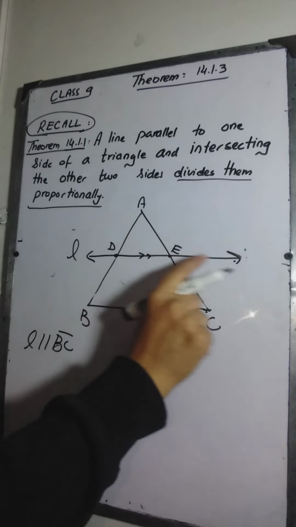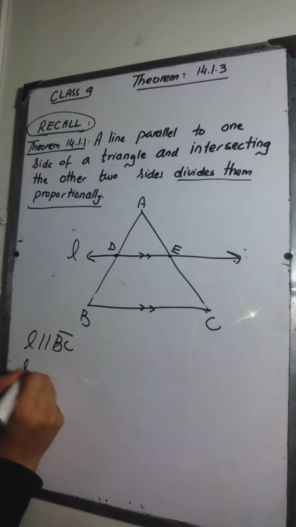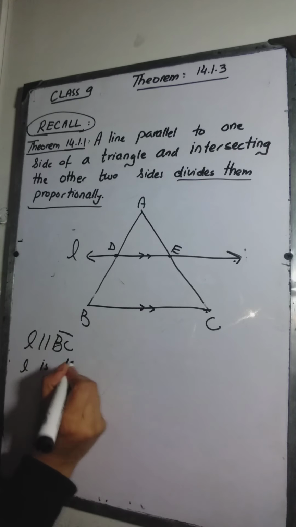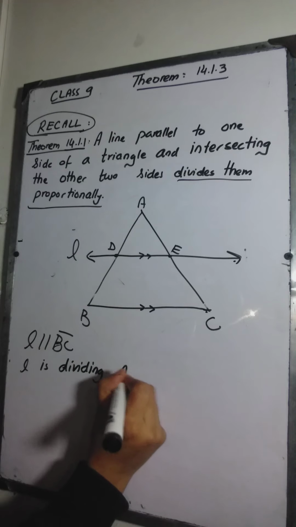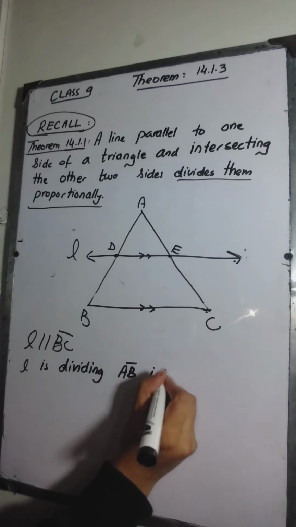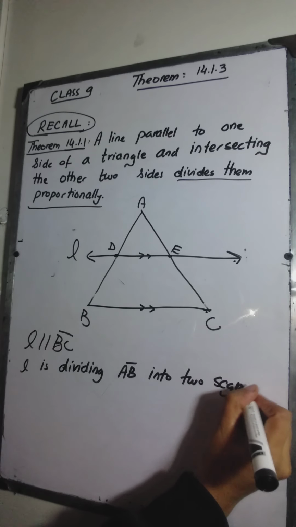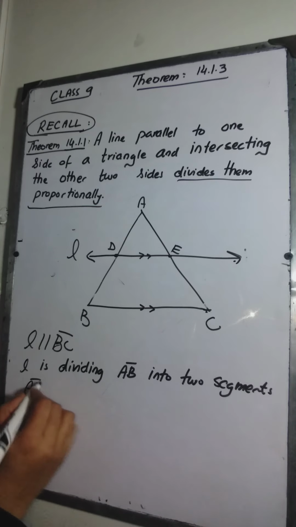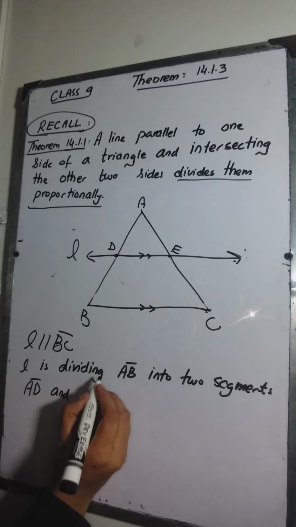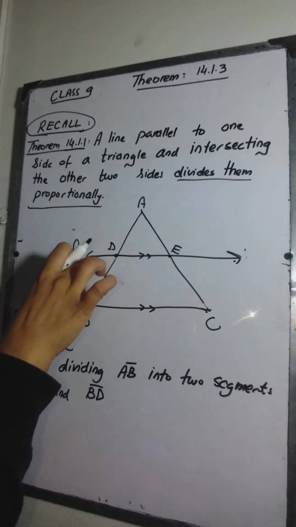Okay, L is dividing AB into two segments. We don't know whether these segments are equal or not, but it is dividing into two segments. One is AD and the next is BD or DB. Okay, these are the two segments, AD and DB.